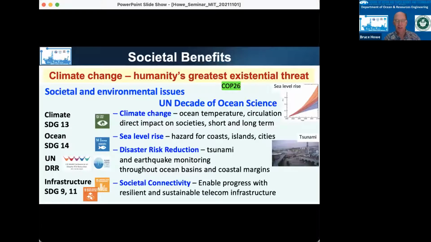And I mentioned here down at the bottom, social connectivity, SDG 9 and 11 that address infrastructure. So by improving the submarine cable infrastructure, by better understanding the environment it exists in, we can improve connectivity, we can improve the performance of that system, and thereby provide societal benefit as well.